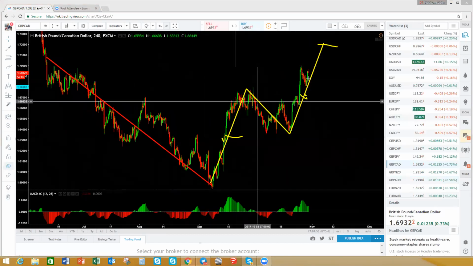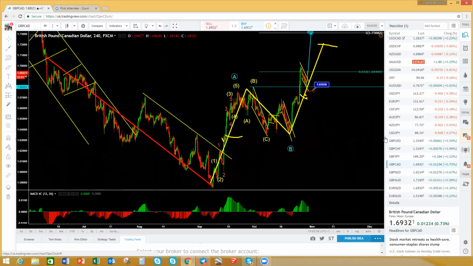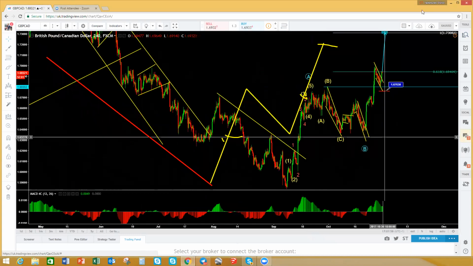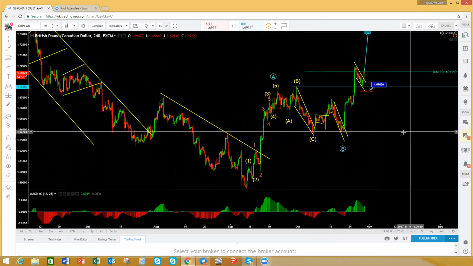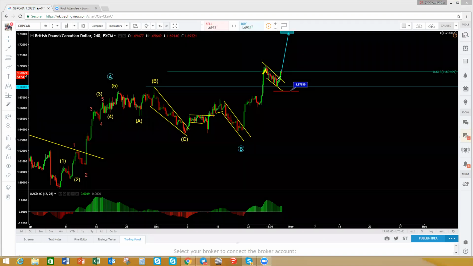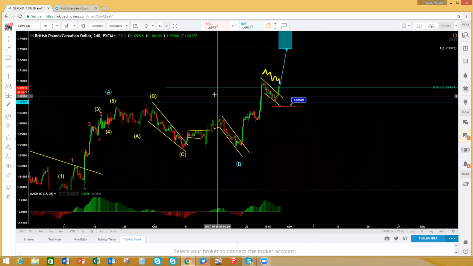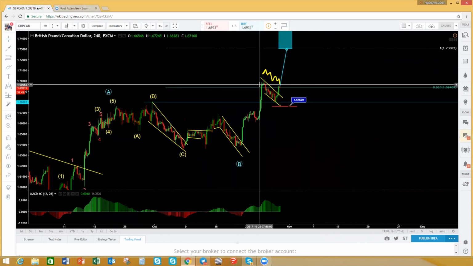Okay, so that's the 4-hour chart. Okay. Let's just clean it up. That's why you're getting a flag here. Getting a flag here, you can see we've got a strong candle here to show that we still have more upside. And we're targeting 1.73 on this one. We're currently on 1.69.